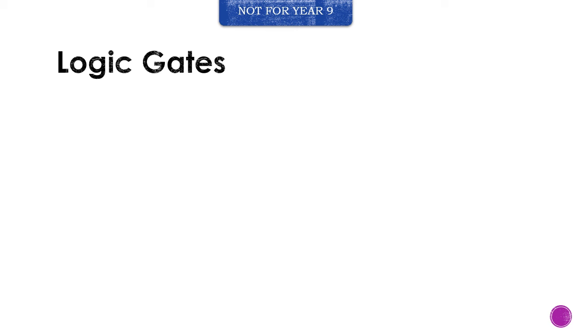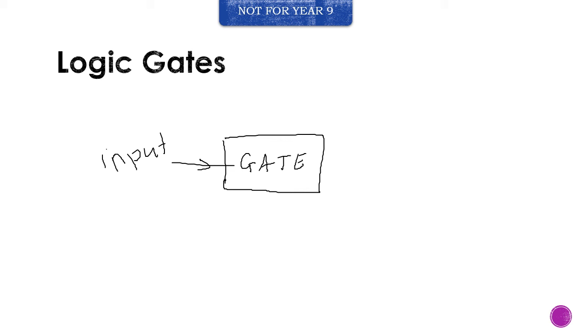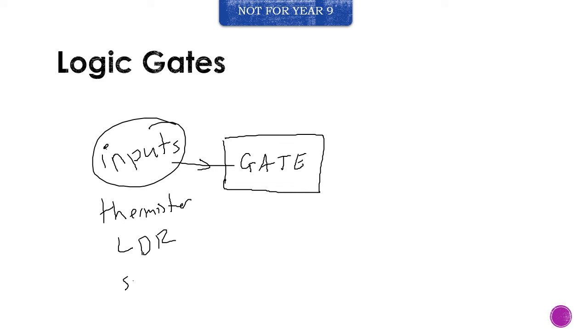A logic gate is simply a component. A logic gate is nothing more than a component that accepts specific inputs from what we call transducers. Now these inputs could be from a thermistor, an LDR, a switch, a timer, a temperature sensor, meaning different types of sensors.